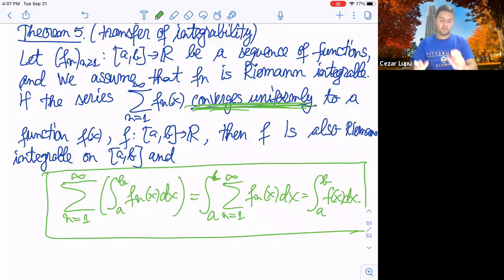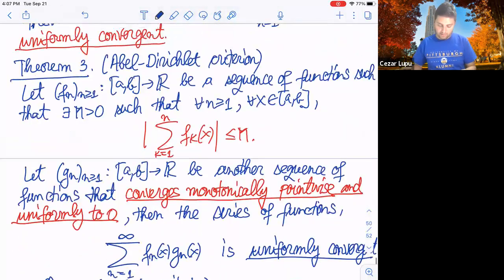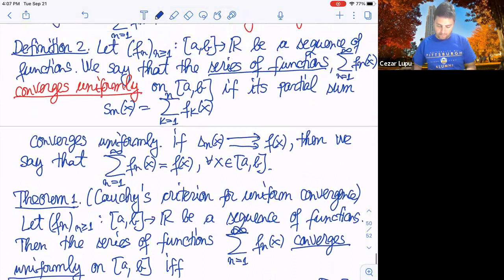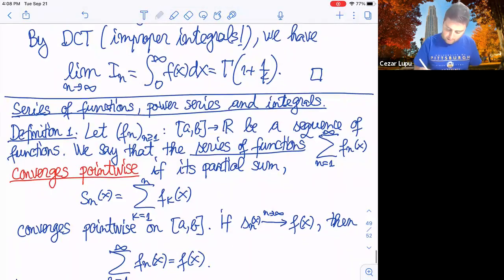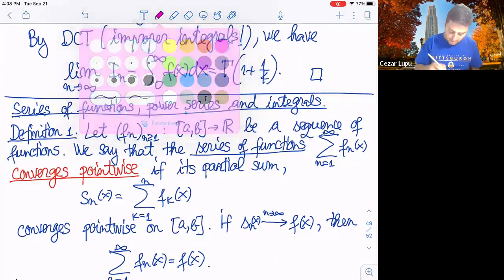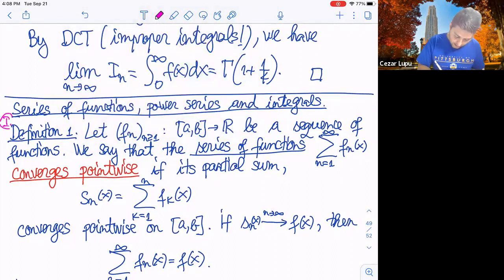Like I said, I think this is basically what I would like to say about series of functions. And now let me talk about a special case. So this was the first thing, series of functions.